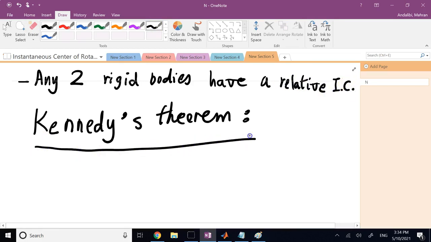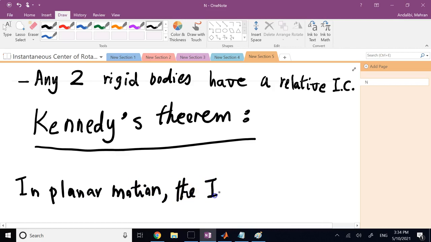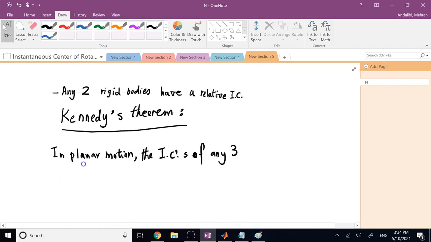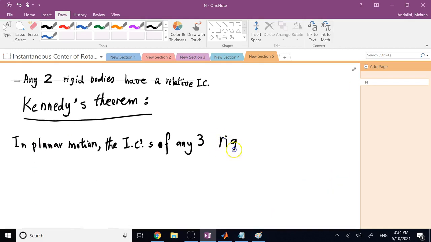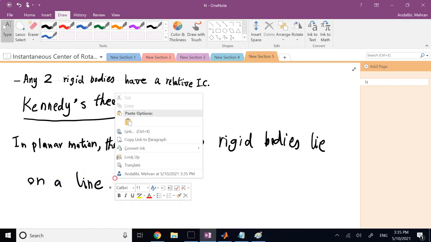Now, Kennedy's theorem says that in planar motion, the instantaneous centers of any three rigid bodies lie on a line. What does it mean?